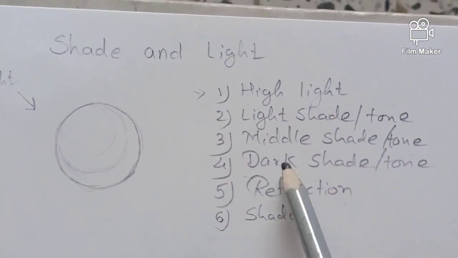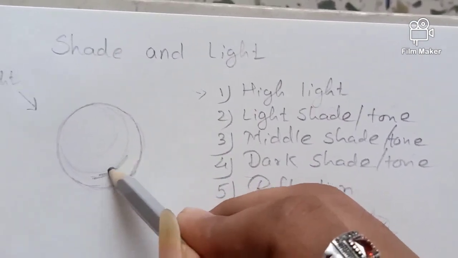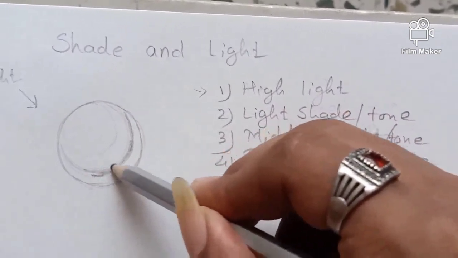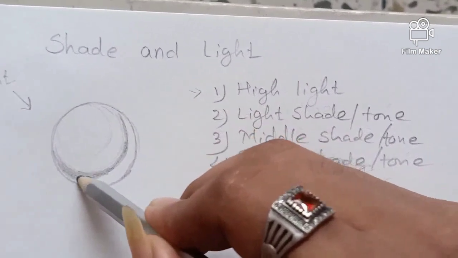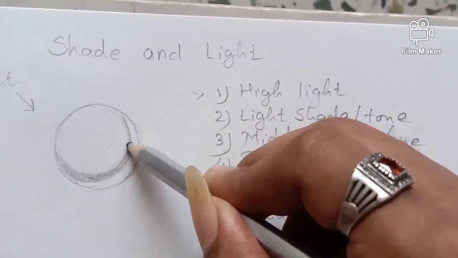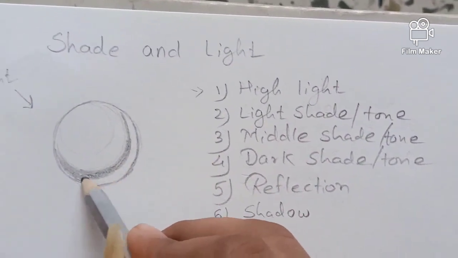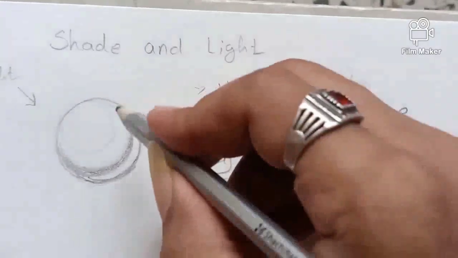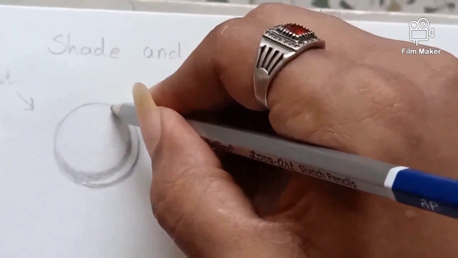Now I'll start with the dark. So the dark is here. I'm creating the darker shade in a moon shape. And I'll keep some line like that only. This will become your reflection because the light is coming from this side.